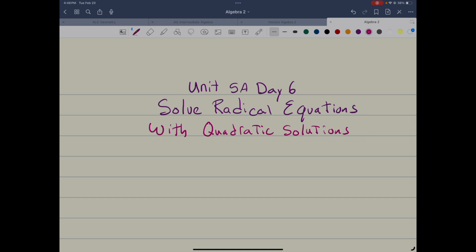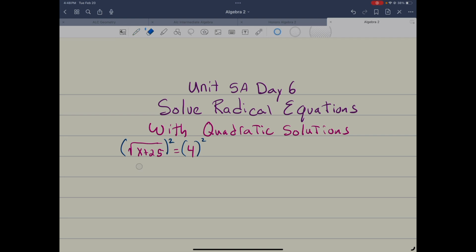So day 5 of this unit, you worked on solving radical equations. You maybe solved something like the square root of x plus 25 is equal to 4, for example. And you talked about how we get rid of the square root. We square both sides.